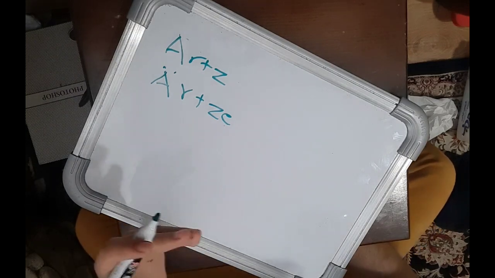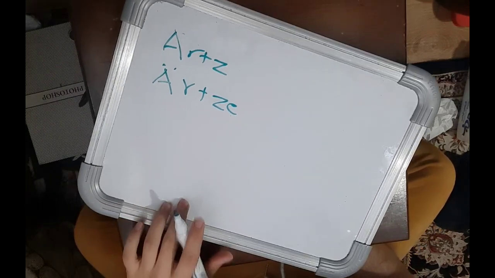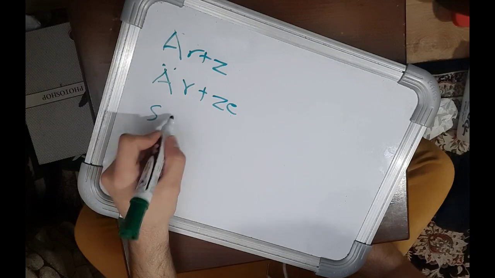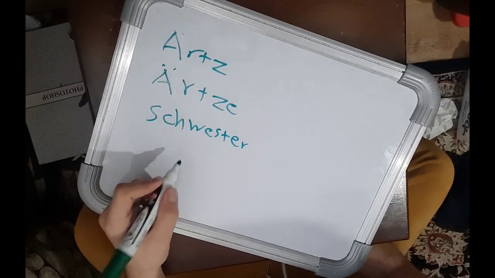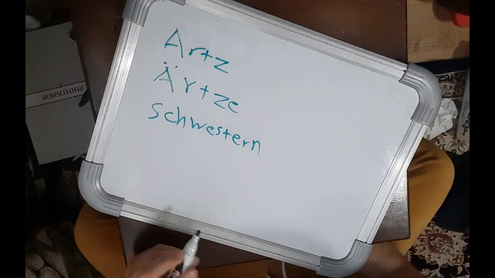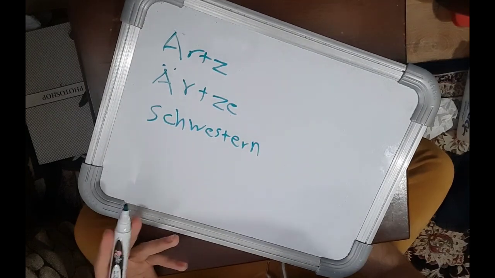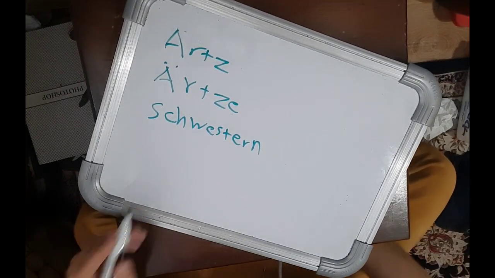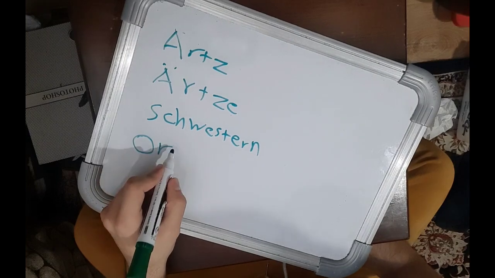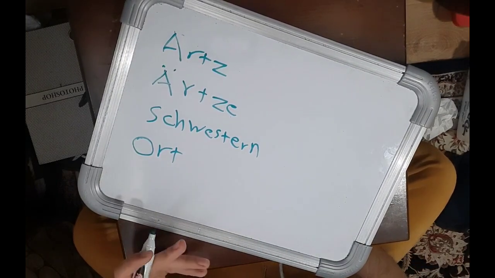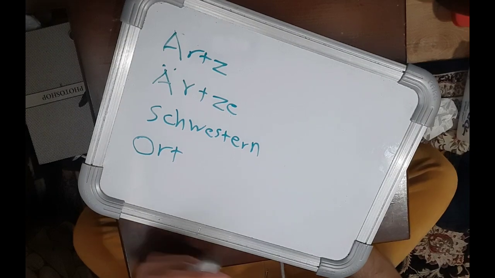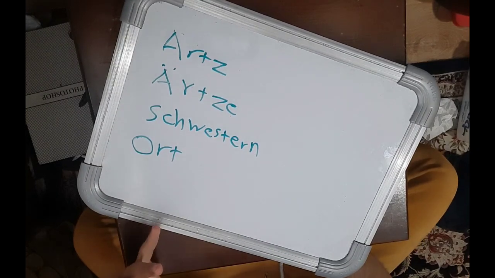Or more simply, you have the word Schwester, which means sister. You add n, Schwestern. Now it is plural. Or you have the word Ort. It means a place that you hang out, the place that you go, a place that you visit.